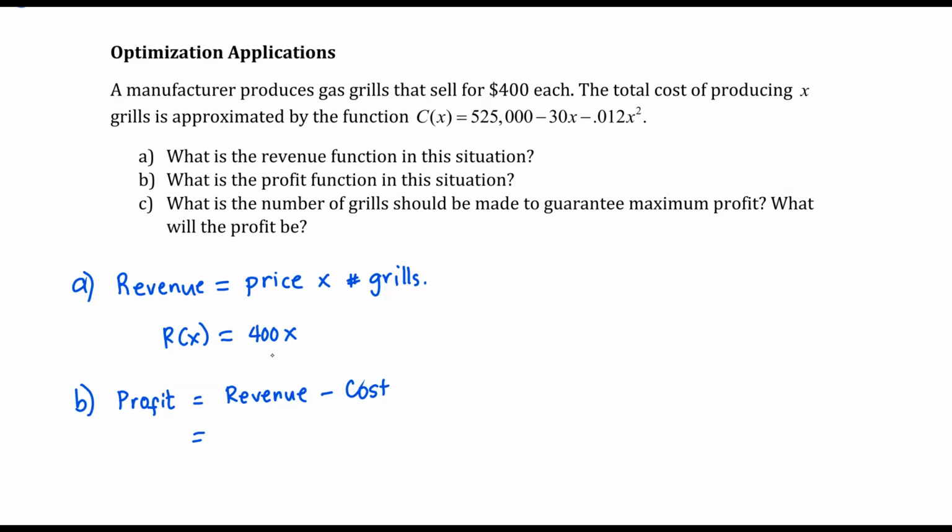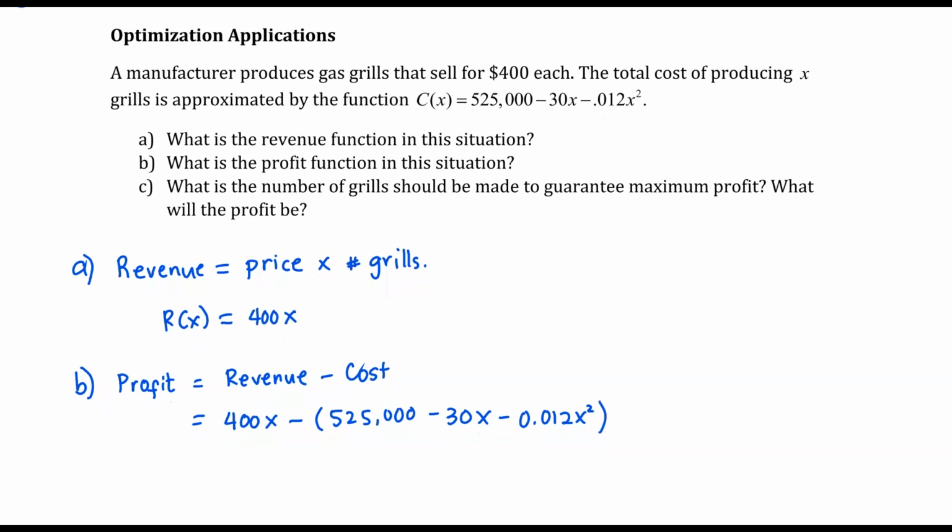So that means the revenue function is 400X minus the cost function, that is 525,000 minus 30X minus 0.012X squared. And then you simplify this, we call the profit function P of X. So profit function P of X is equal to 400X.